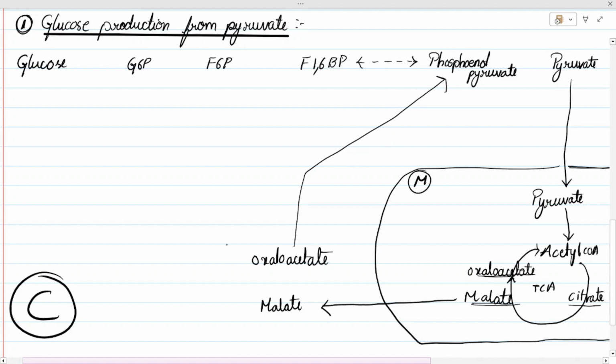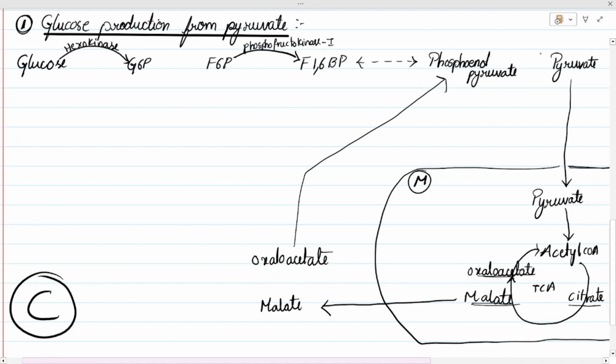Okay. Now, coming to the enzymes used in the reactions, let's start with the basic glycolysis process. We have glucose to glucose 6-phosphate. This occurs through hexokinase. Fructose 6-phosphate gets converted into fructose 1,6 bisphosphate in presence of the enzyme phosphofructokinase 1.